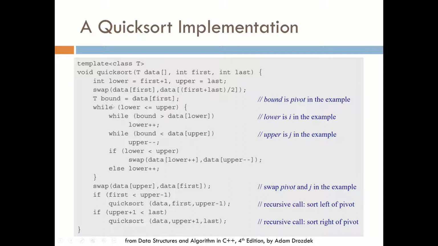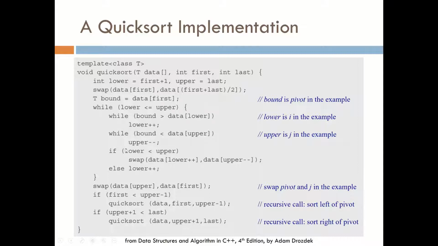And in this case, this algorithm calls it bound. I don't really like that term. It's not as common as pivot. So you will see the word pivot in the example that I go over. But in essence, the pivot then has been swapped into the first location and is the data at the first location.